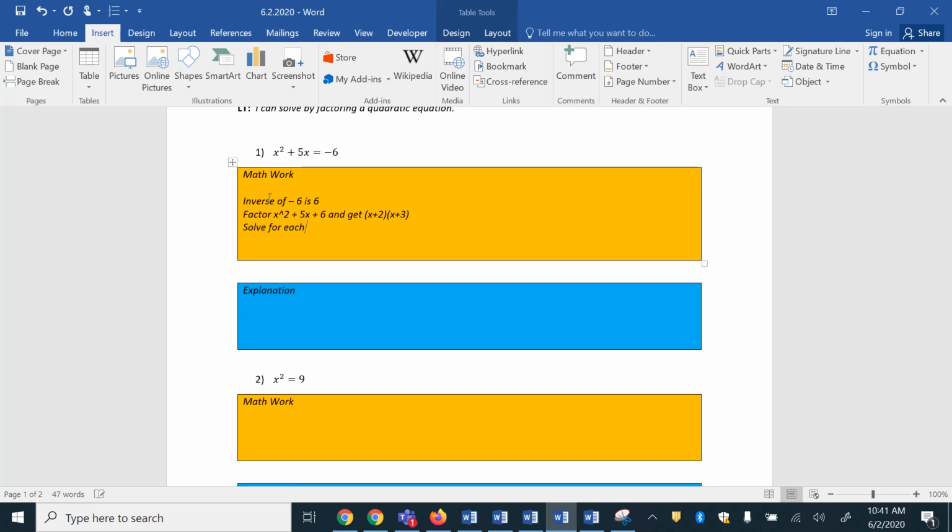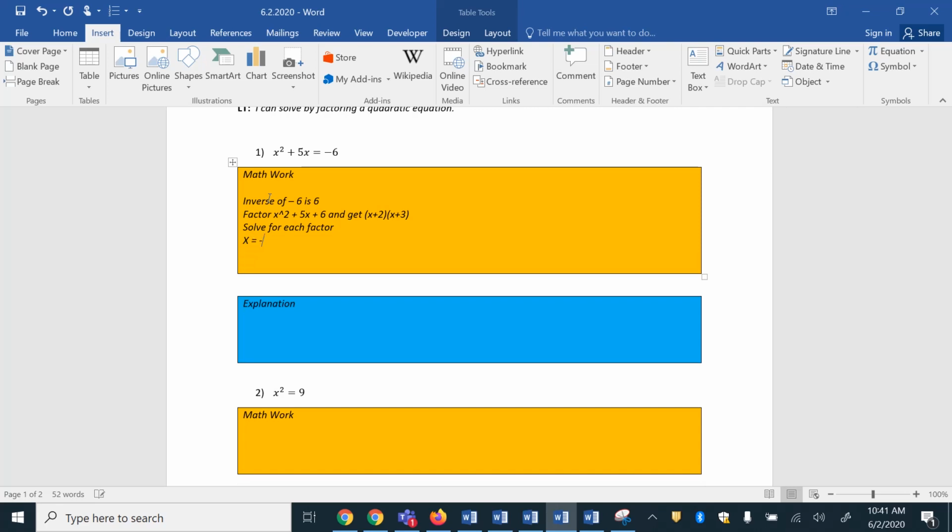Solve for each factor. And then say x equals negative 2, x equals negative 3. Right? All you have to do, 4 lines, not a big deal.